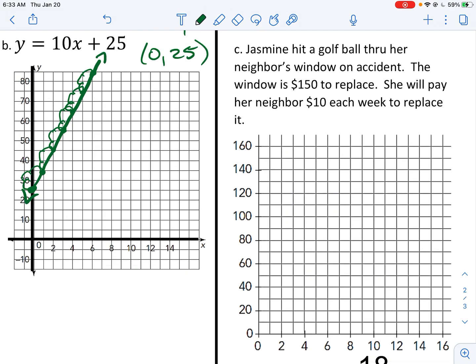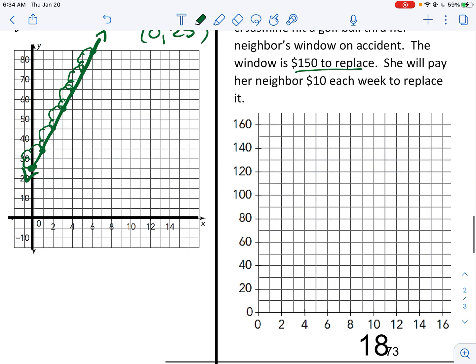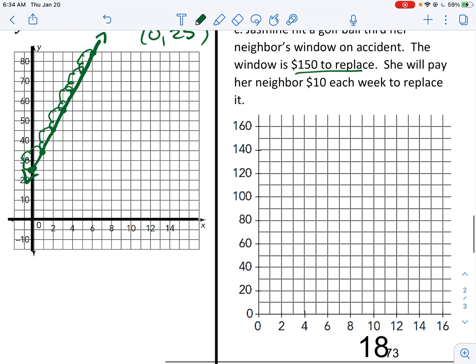Jasmine hit a golf ball through her neighbor's window on accident. The window is $150 to replace. She will pay her neighbor $10 each week to replace it. Okay, so it's $150 to start off. They owe $150. So that means that's the y-intercept.